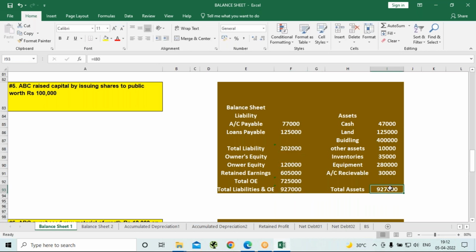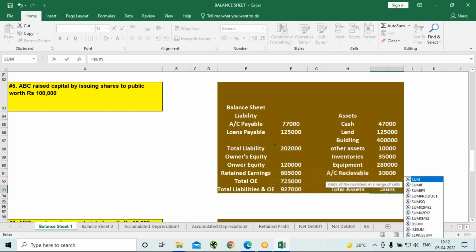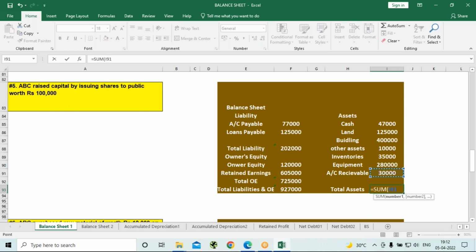Yeah, the owner's equity will be increased by 1 lakh. Very good. And the cash will be increased by 1 lakh. Yes, good. So the cash is going to be increased by 1 lakh. Fine.